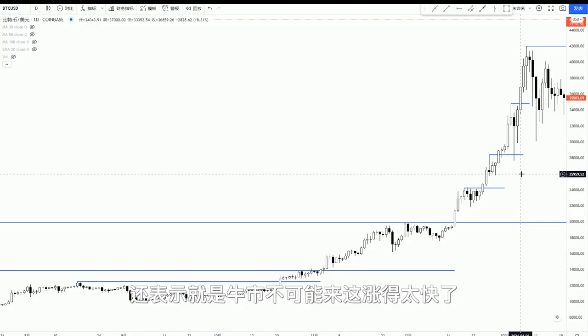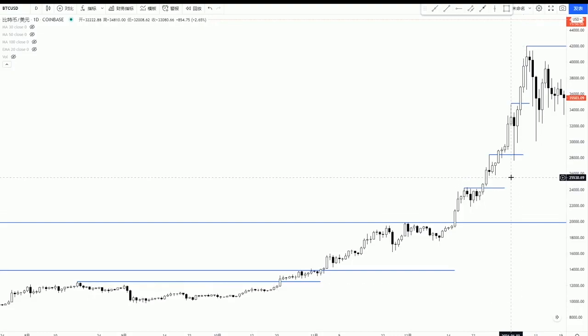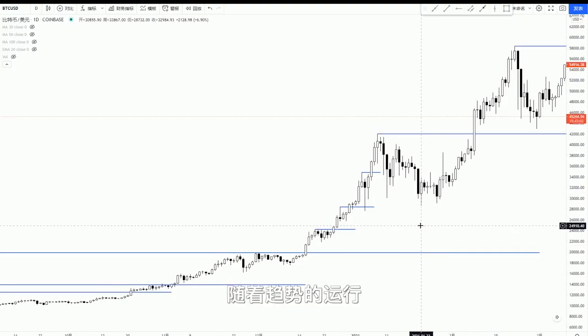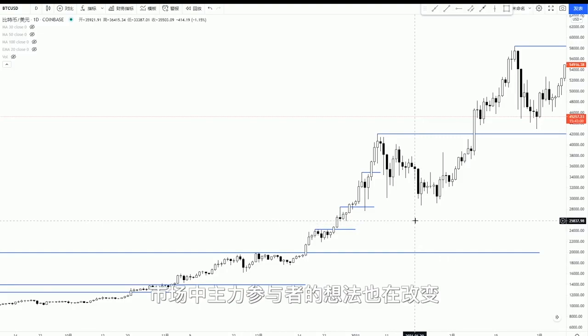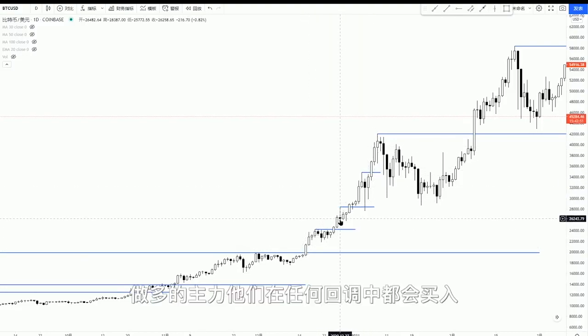As the trend plays out, the minds of major players in the market are changing. We said earlier that in the early surge of the trend, the main bulls will buy on any pullback, on any breakout. In short, they have been buying continuously to push the price up. But why did the price movement stop at 40,000?